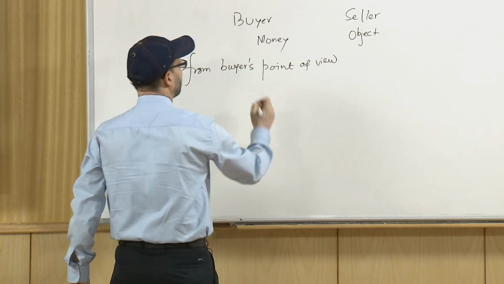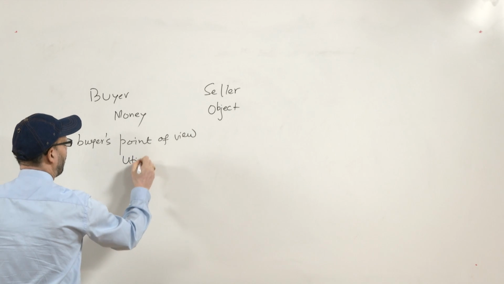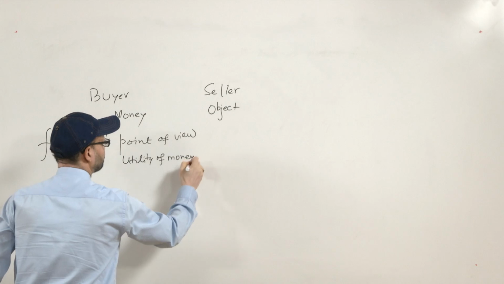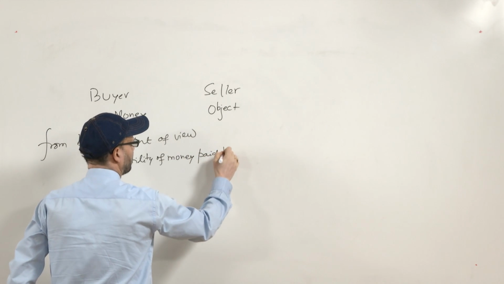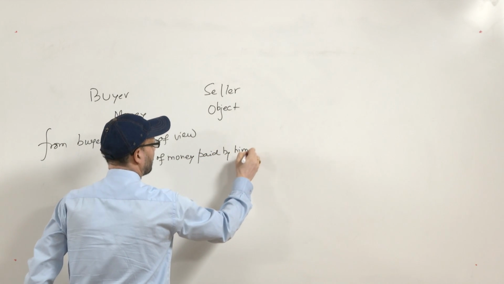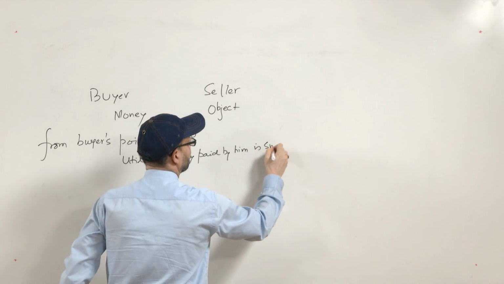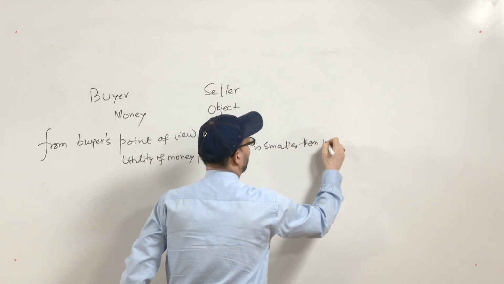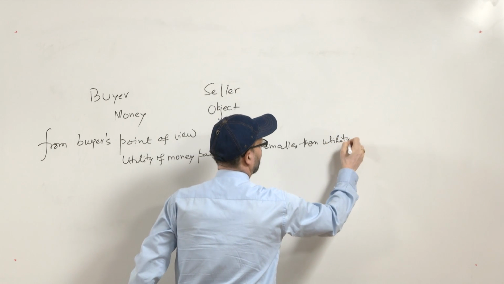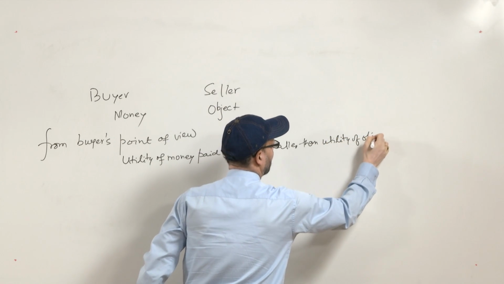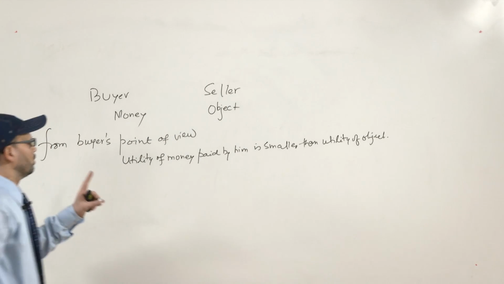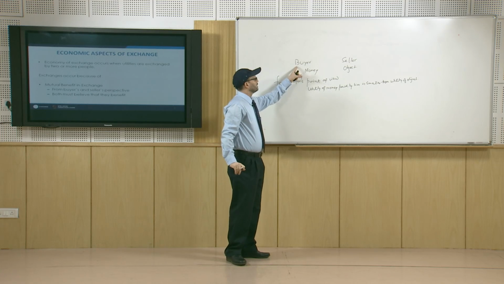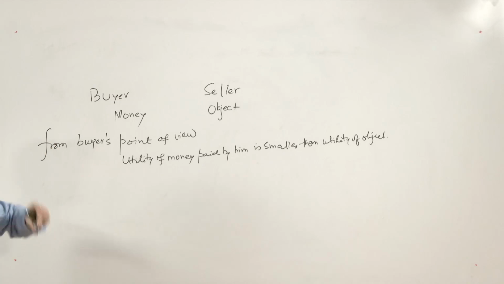So, from his point of view, the utility of the money paid by him is smaller than the utility of the object. Only when this condition is satisfied will the buyer go for the exchange.